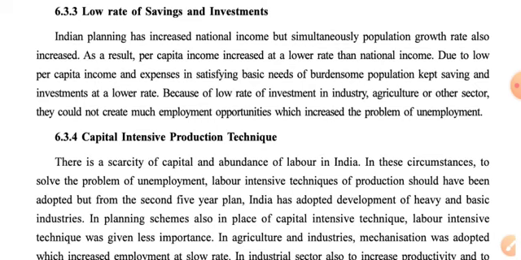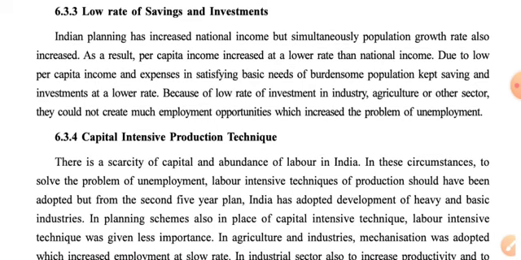Let us take one example. If the national income is increased by 3.5% every year, at the same time the population growth rate is observed at 2%.